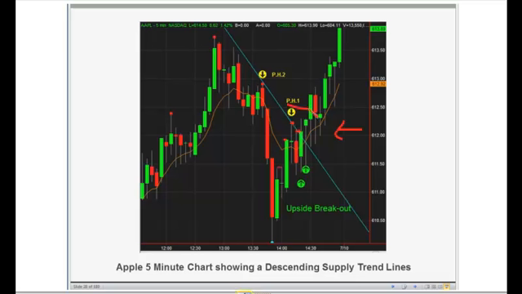Once you find that first pivot point, pivot 1, then go to the left of your chart to find the next pivot. And there it is. It's higher than that point, higher than that point. Connect the two dots, draw your trend line down, and you have a perfectly mechanically drawn supply trend line. And you can automate this, which we've done, and then you can have the computer do it for you.